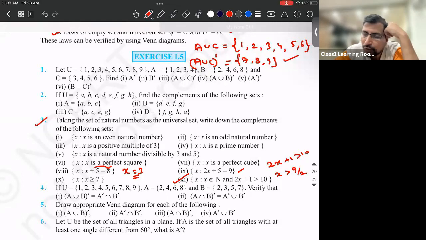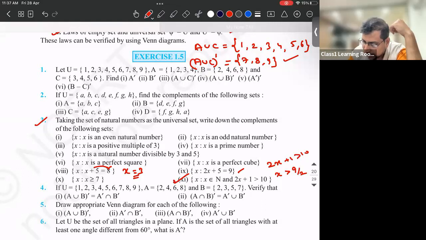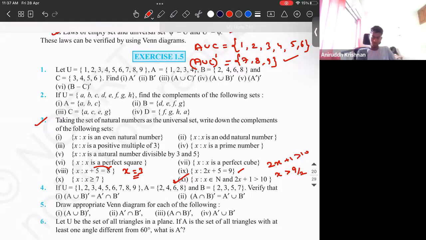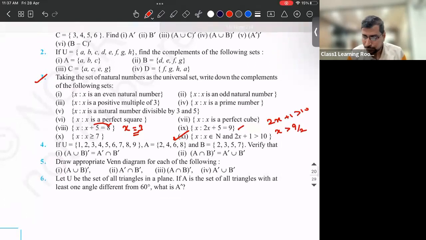So what is the next natural number out of 4.5? 5. So basically this set, listen everyone, for the 11th question, the set will start with which number? It will start with 5. So what should the complement have? It should have all those natural numbers which are less than 5. So it will have only 1, 2, 3 and 4. Clear? So that is how it works.